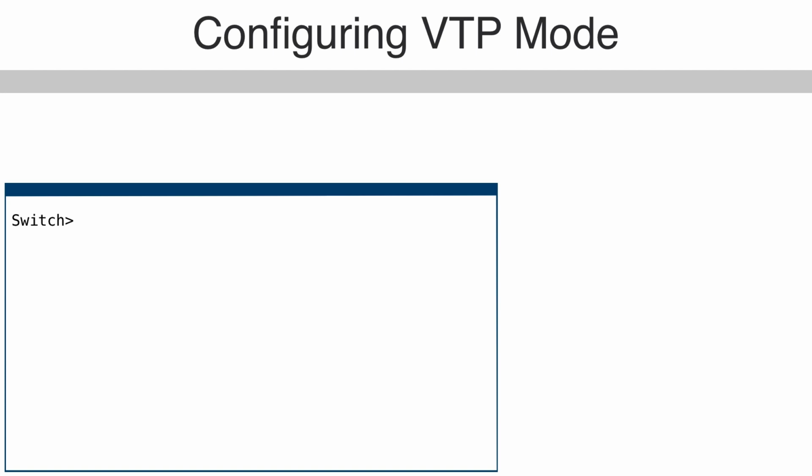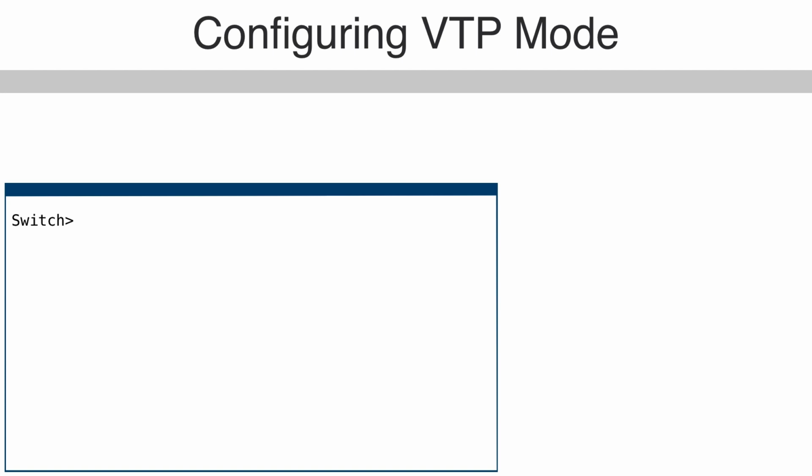Configuring VTP mode. You can configure VTP mode as one of these: VTP server mode. In VTP server mode, you can change the VLAN configuration and have it propagated throughout the network. VTP client mode. In VTP client mode, you cannot change its VLAN configuration. The client switch receives VTP updates from a VTP server in the VTP domain and then modifies its configuration accordingly. VTP transparent mode.